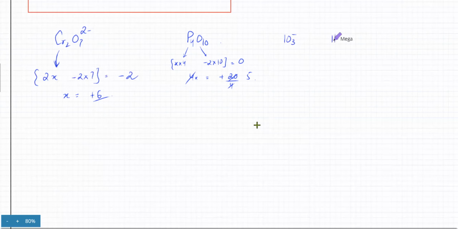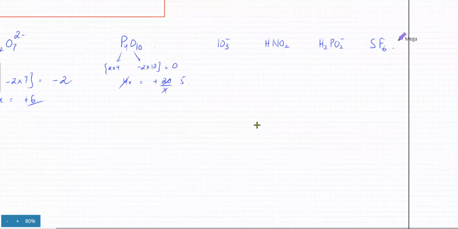I've got HNO2. Tell me the oxidation states, I mean, you already know what H and O are. I've got H2PO2 minus 1. I've got SF6, right? Try working out, quickly try and tell me what the oxidation state of each one is.